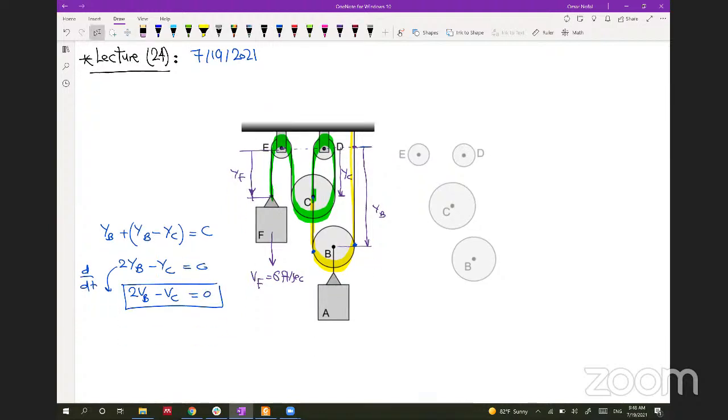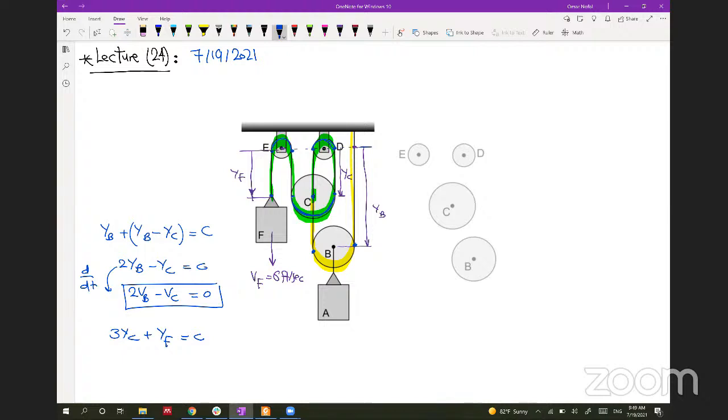Let's get the second equation from the second cable. The second cable is the green one. So from here to here is the variable, and from here to here, and from here to here. So we have 3YC. And the third one is from here to here, which is YF. So 3YC plus YF will be equal to a constant. And we agreed last time we will exclude the things that are not varying, such as this and this and this.